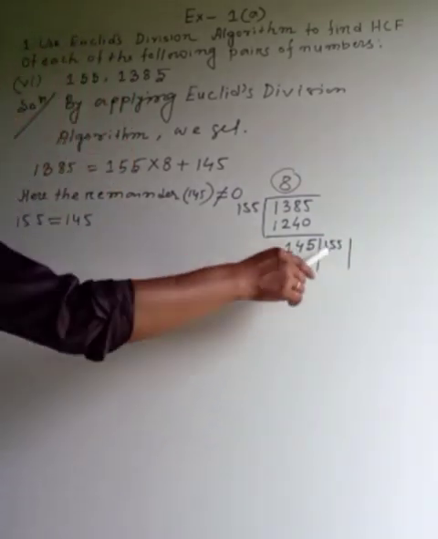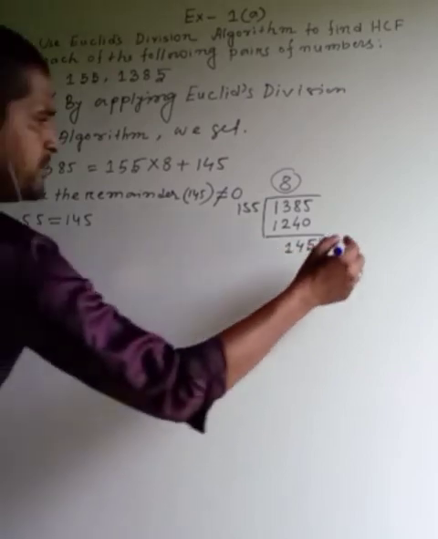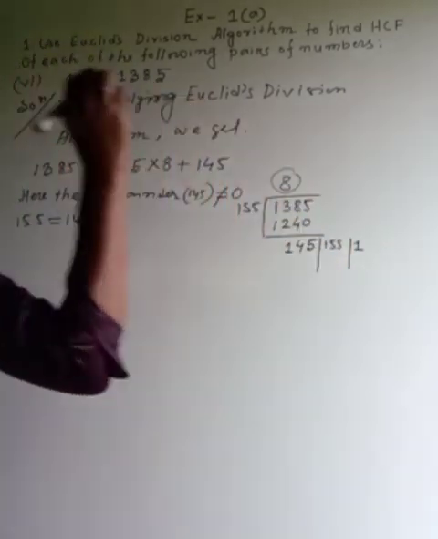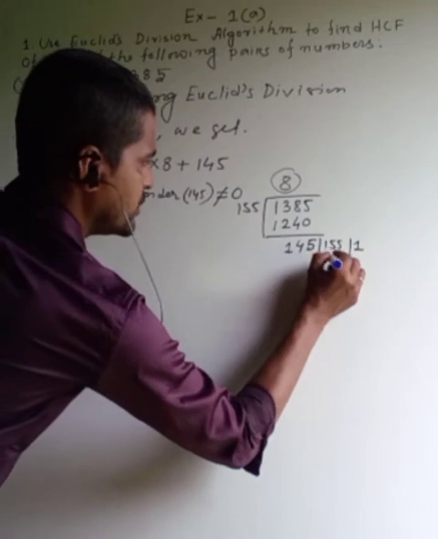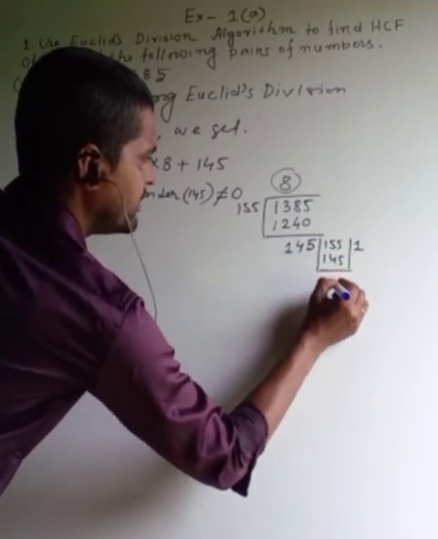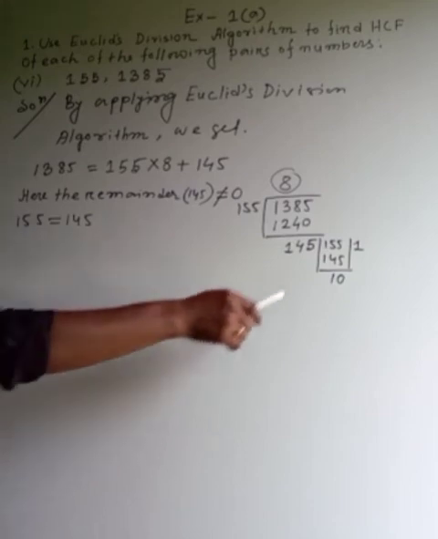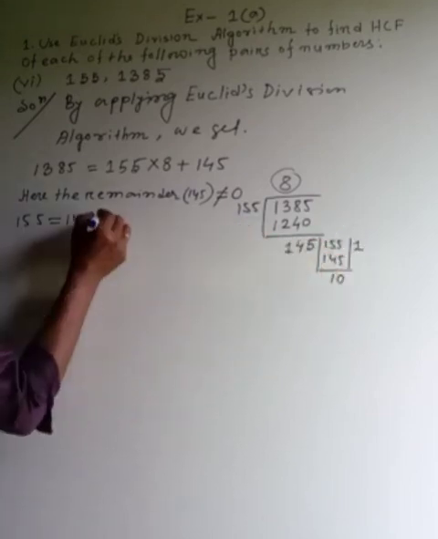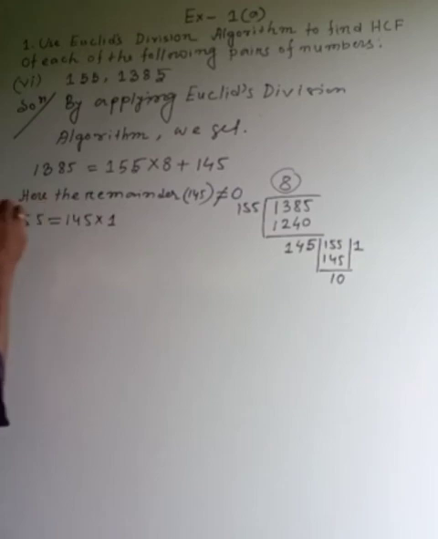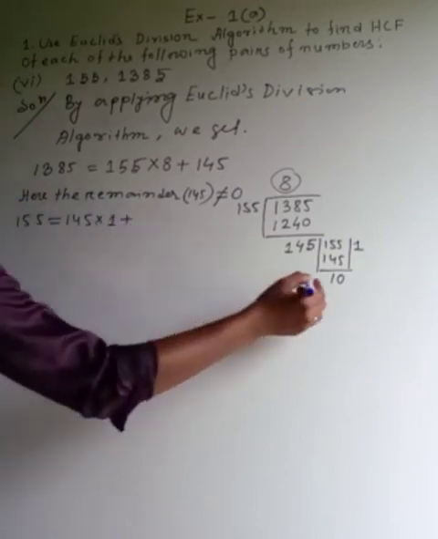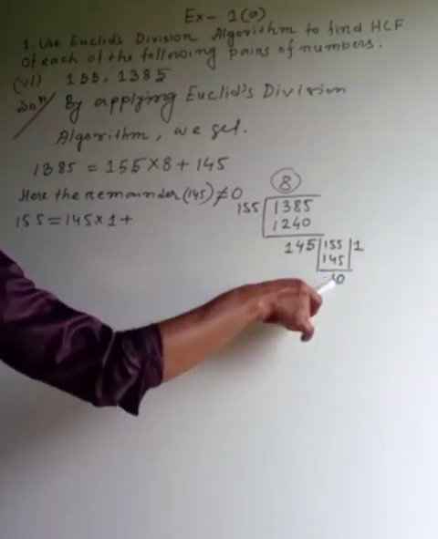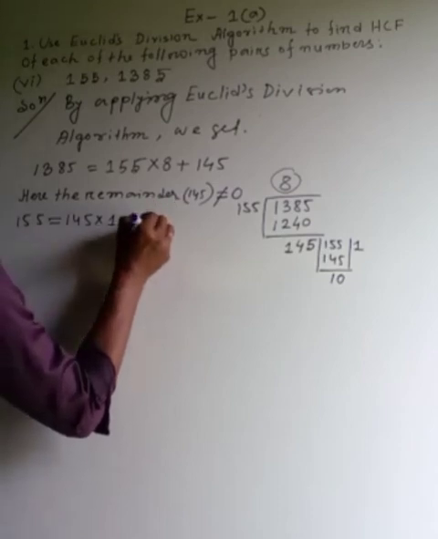So very easy, 155, 145. So we can go only single time. So 145, how much remain? Very easy, 10. So we can write, what is the quotient we got? 1. So 145 into 1 plus, what is the remainder you got? Remainder is how much? 10.